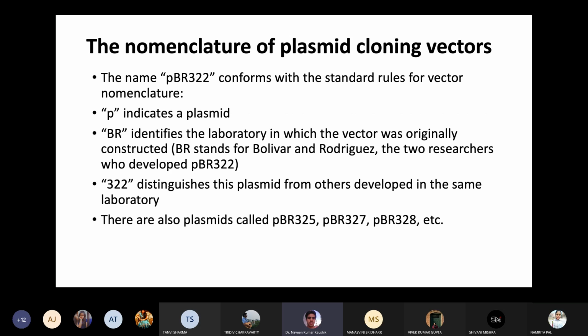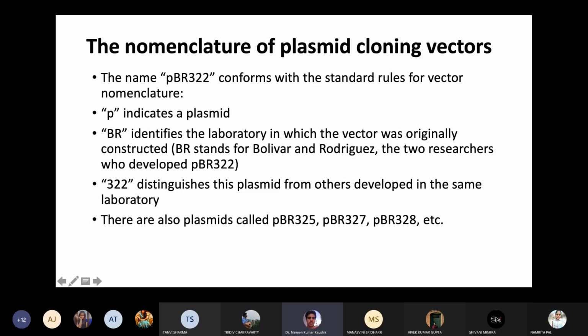Now, I told you how PBR322 is named and labeled. The name PBR322 conforms to the standard rules of vector nomenclature. P indicates the plasmid, and B and R identify the laboratory in which the vector was originally constructed. B and R stand for Bolivar and Rodriguez, the two researchers who developed this vector.